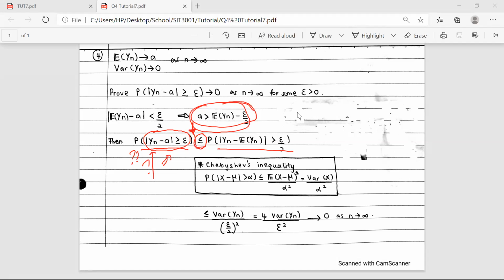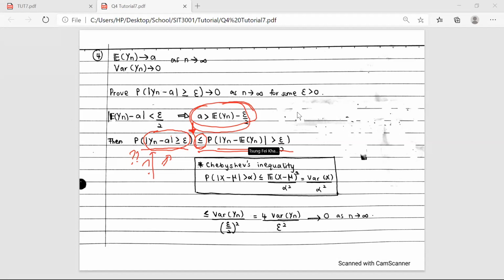I think the problem is that this part is unclear. How would this probability be bounded by this part? On what basis do you bound it? Because I think this one came from the expectation of yn, and this two here also comes from here.